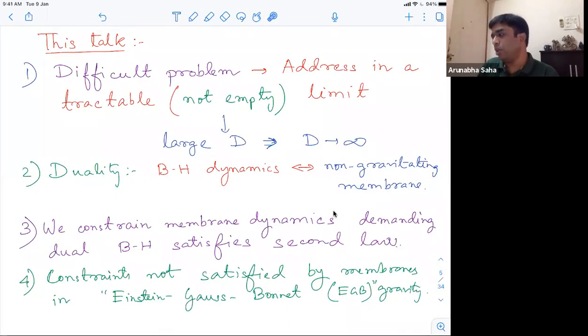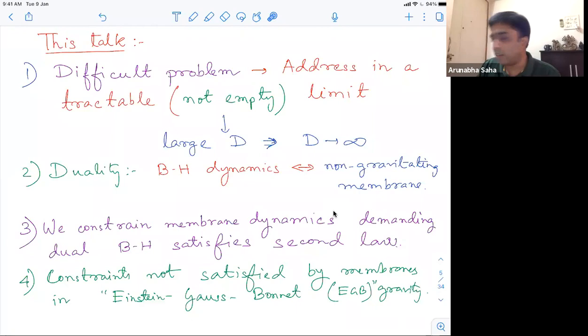So I will try to go to a different limit in the parameter space of the theories, a limit which is tractable, but not entirely empty. And this limit is the limit of a large number of space-time dimensions, and see if we can use this to say something more about this difficult problem.